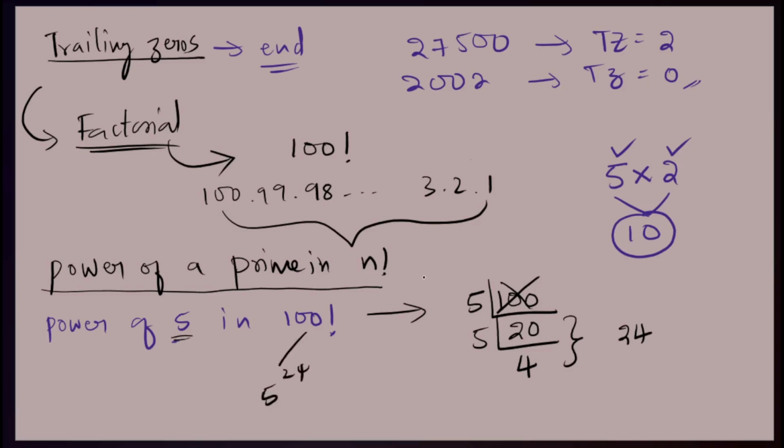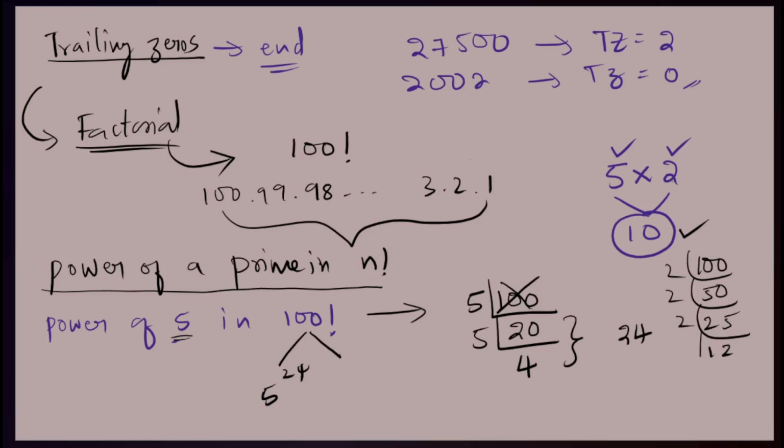Now also find the power of 2, because you wanted to get a 10, since you wanted to find the trailing zeros. You know in 100 factorial there are 24 5s. Also find how many 2s there are. 2 50s, 2 25s, 2 12s, which is 24.